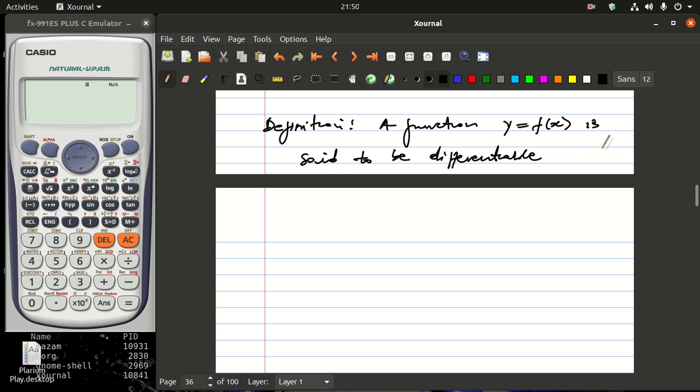So we say that it is differentiable at x is equal to a if f prime of a exists, right?